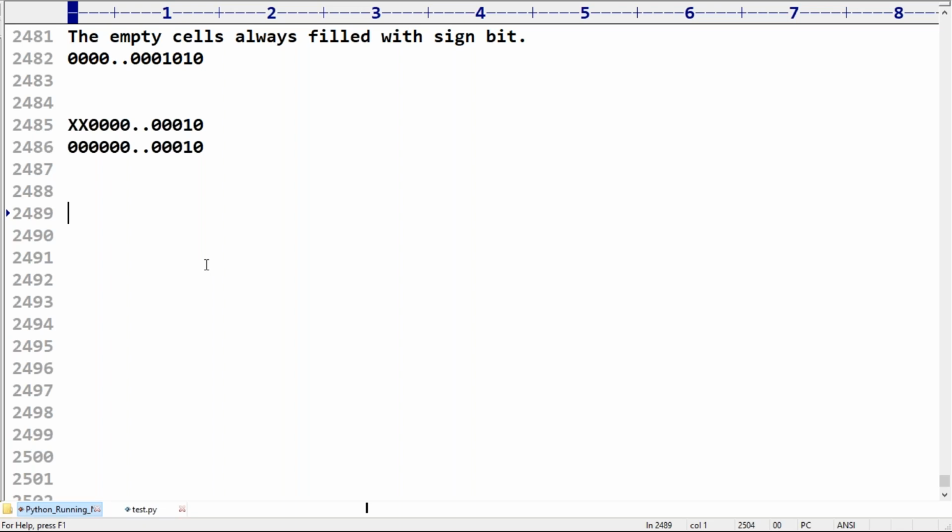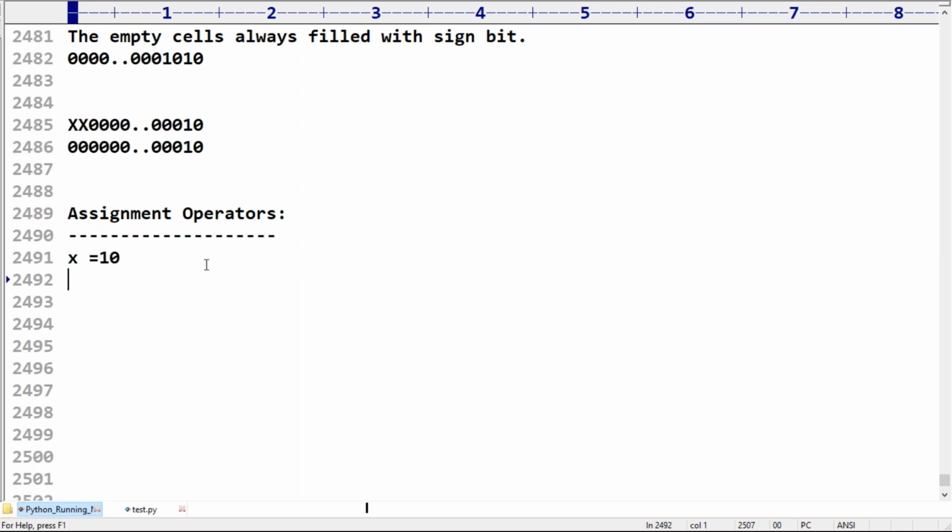Clear, I hope. Now the next topic I have to take is assignment operators. Very important. Nothing special will be there, sir. Do you know x is equal to 10?